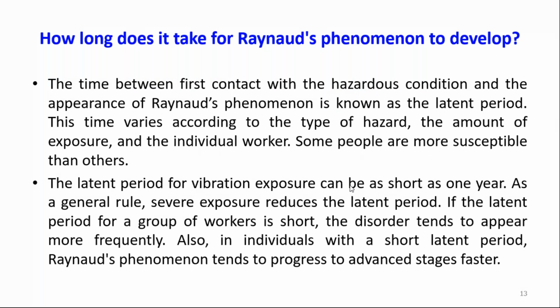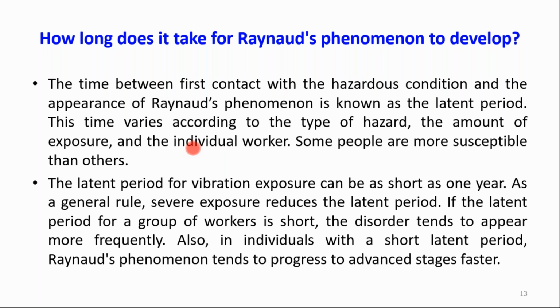So how long does it take for Raynaud's phenomena to develop? The time between the first contact with the hazardous condition and the appearance of Raynaud's phenomena is known as the latent period. This time varies according to the type of hazard, the amount of exposure, and the individual worker. Some people are more susceptible than others.